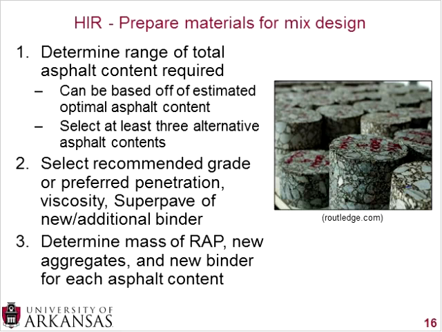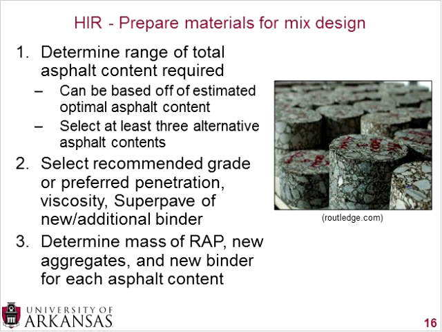Then, you need to prepare your materials for mix design. So you want to determine a range of total asphalt content required, and this can be based off an estimated optimal asphalt content. Then you can select alternative asphalt contents both higher and lower than your estimated optimal asphalt content, much like a standard mix design.